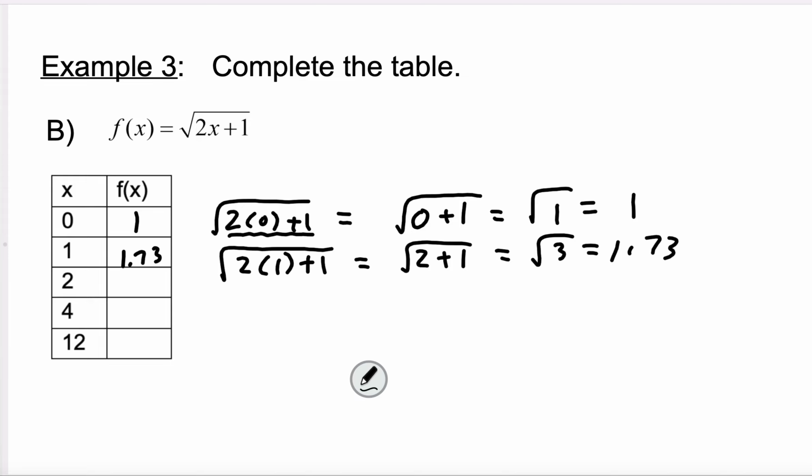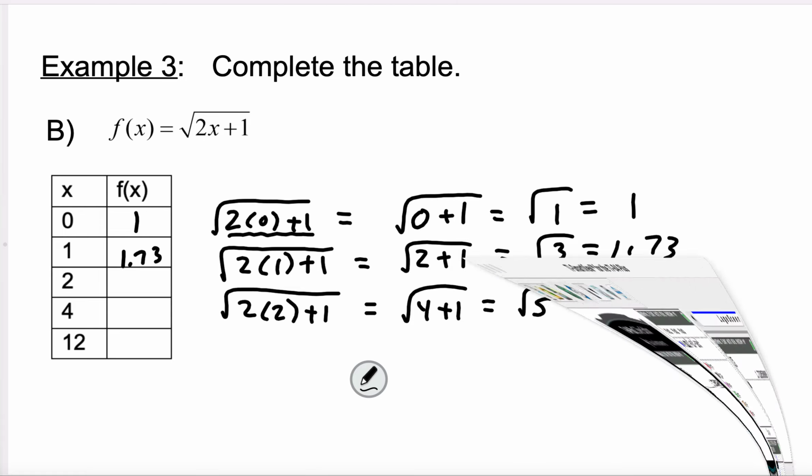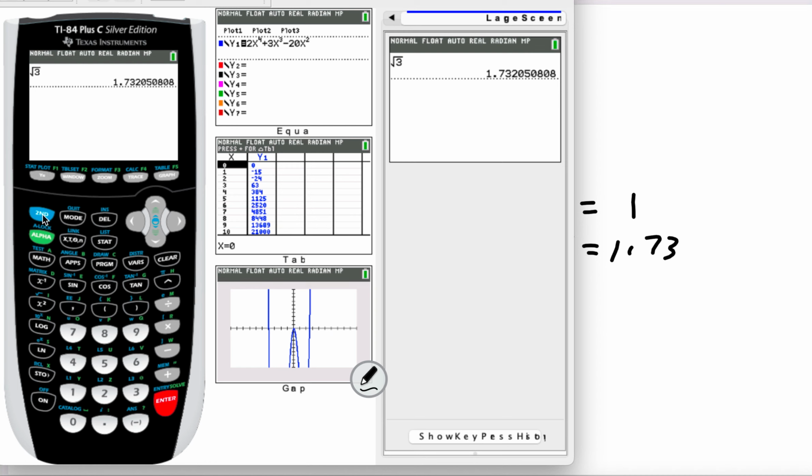Now let's plug in 2. So 2 times 2 is 4, and then plus 1 is 5. And now I can plug that into my calculator as well. So second x squared. I'm going to plug in 5. I'm going to hit enter. And it's about 2.24.